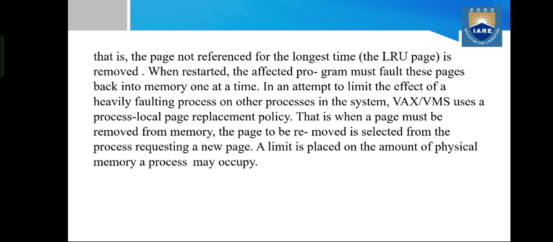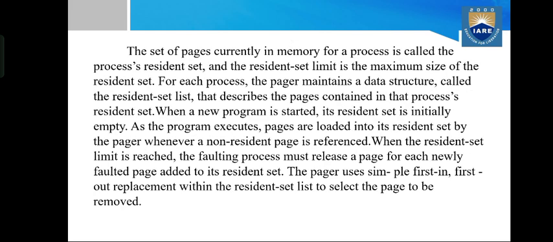A limit is placed on the amount of physical memory a process may occupy. The set of pages currently in the memory of the process is called the resident set, and the resident set limit is the maximum size of the resident set. For each process, the pager maintains a data structure called the resident set list that describes the pages contained in the process's resident set.